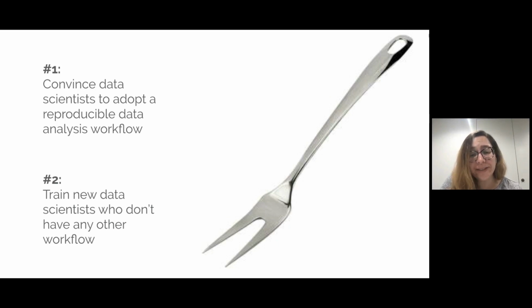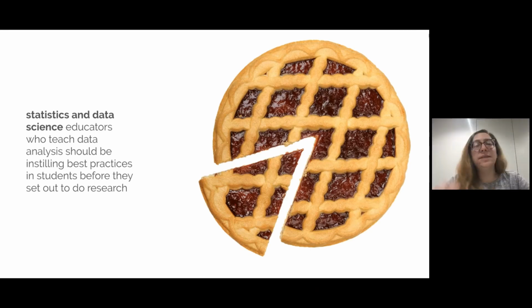And what this means is that you're not trying to break their existing workflow, you're simply telling them this is the only way to do things. So as a statistics and data science educator who teaches data analysis, I feel like one of my responsibilities should be to instill best practices in students before they set out to do research. So that is my piece of the pie.